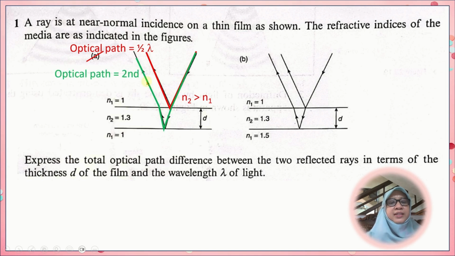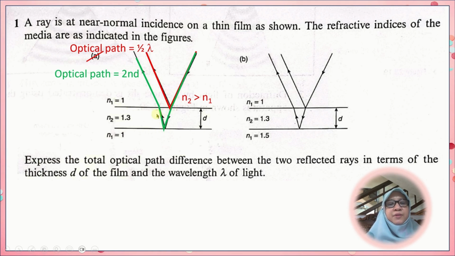Then for the second ray, it travels further through the medium with refractive index n2, and then is reflected at the second interface, then refracted out, and the optical path is equal to 2nd. Because the thickness is d, the formula of optical path is nd, so it travels 2 times.